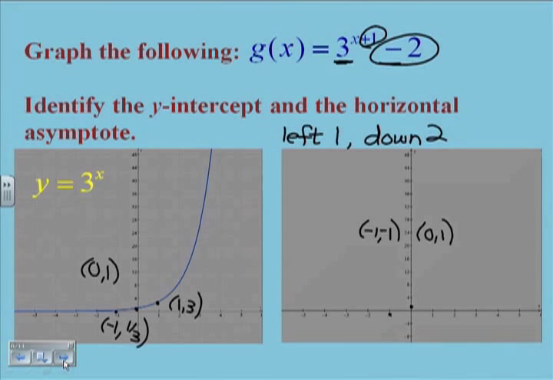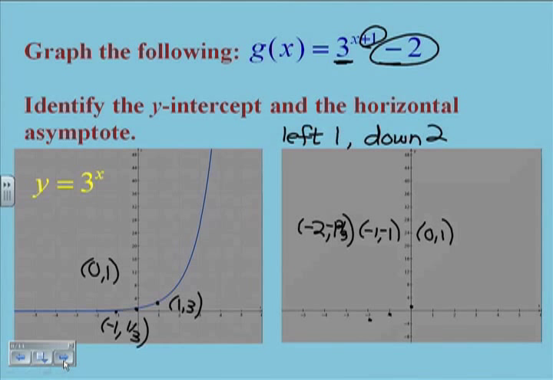I go left 1, which takes me to negative 2. And I go down 2. Oh my, I'm at 1/3. Well, go down 2. That would be at negative 1 2/3. And so negative 2, negative 1 2/3, I'm down around in this area.